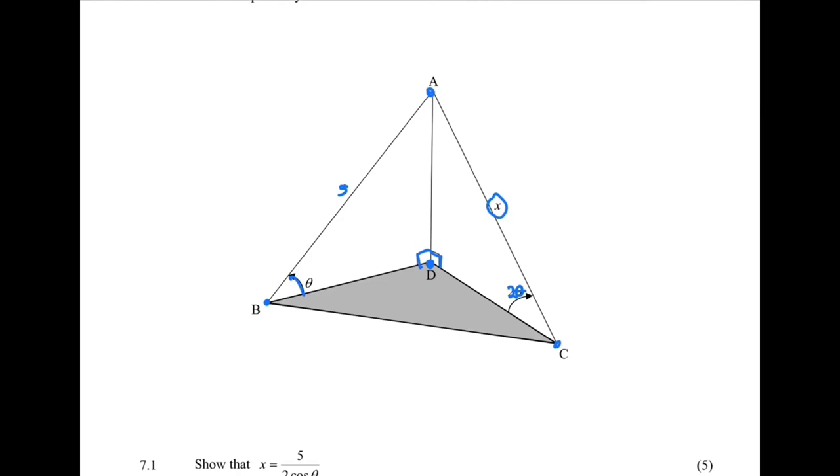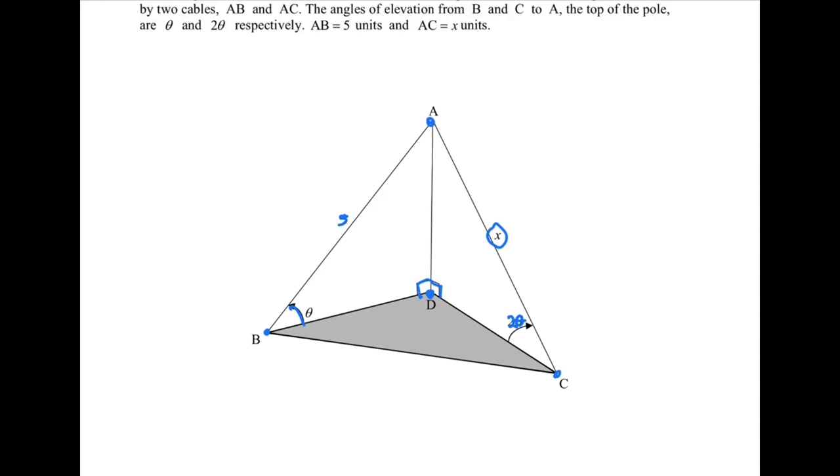How do we possibly do that? Triangle ABD and triangle ADC share line AD. So let's find line AD using triangle ABD, and then from line AD we find a way to find the x.